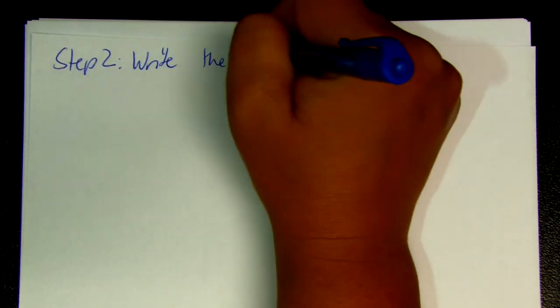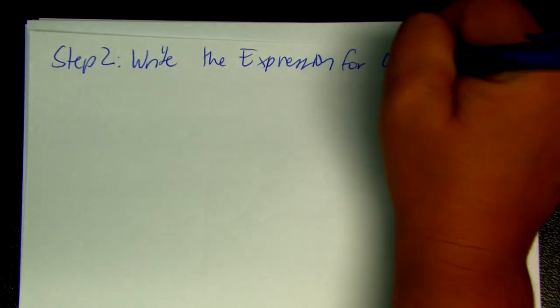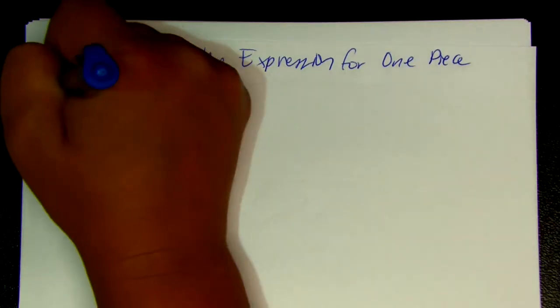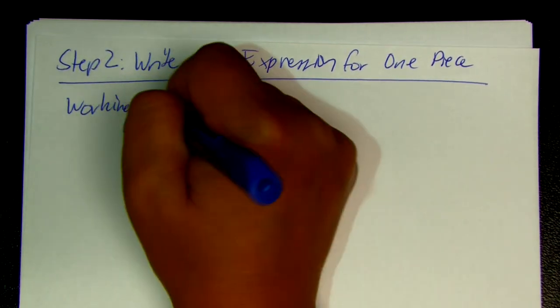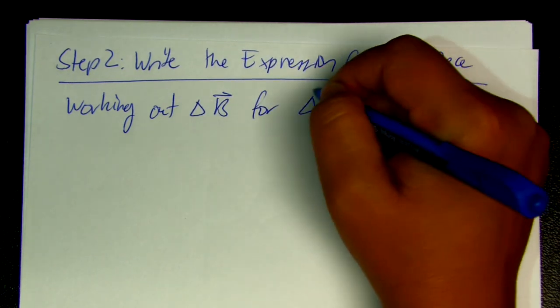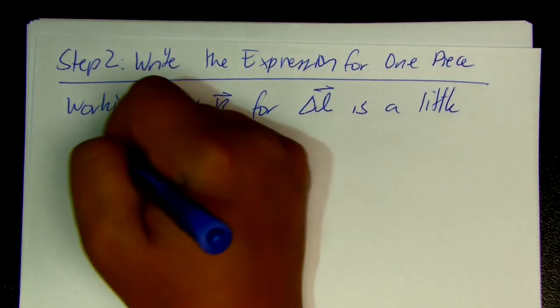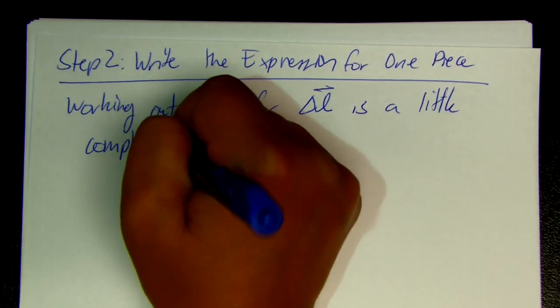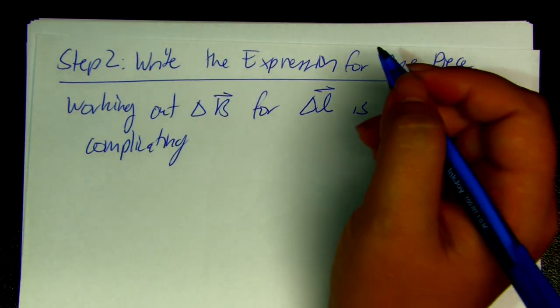So step 2, write the expression for one piece. Working out delta B for delta L is a little complicated. I'll show you what it looks like. And we're going to see that we can be a little bit tricksy and save ourselves some work.